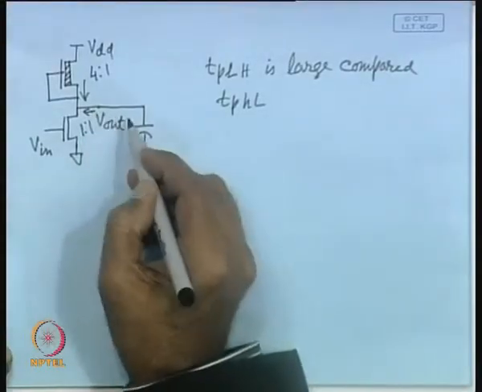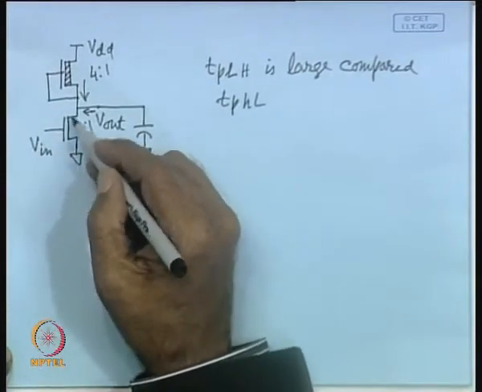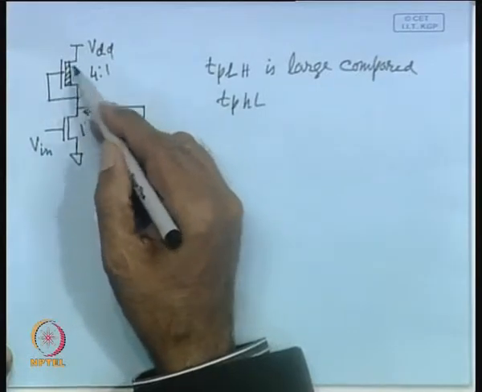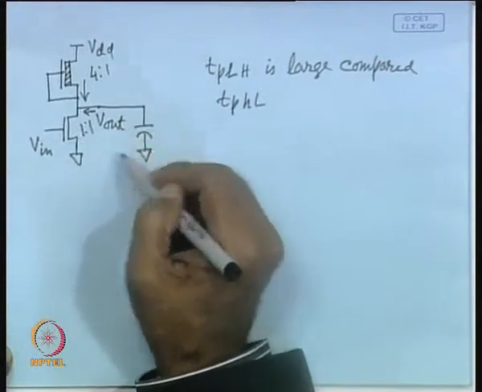So, that current will also pass through the pull down device when the capacitor is getting discharged. That means, this current and also the current that is required to discharge these capacitors. So, this pull down device has to sink the current supplied by the pull up device and also the current required to discharge this capacitor.